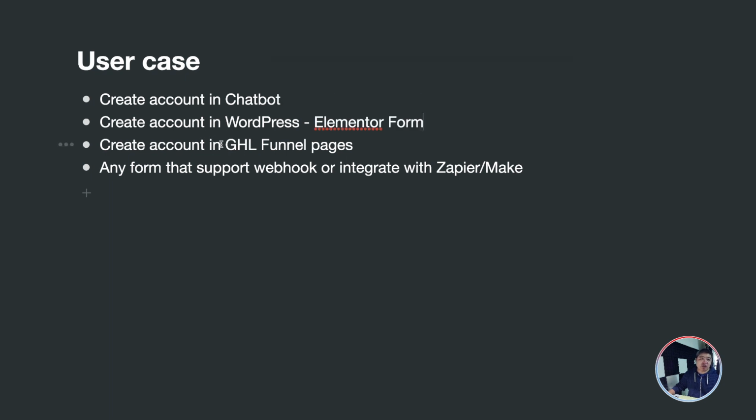Okay, and also with the Chatty CRM or Go High Level, you can build the funnels, and when the user submits the form, you can create an account for them automatically. And basically any form that supports webhooks or has the integrations with Zapier and Make, you can easily create account at the backend automatically for the user.